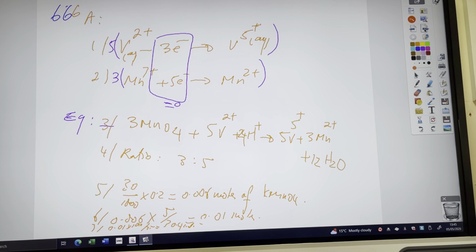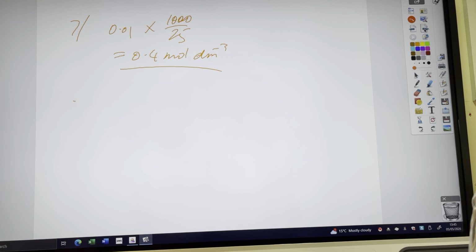And therefore the solution, ultimately, it is what it is. 0.4 mole per decimeter cube, because what I wrote on the previous page wasn't very clear. So you got 0.01 mole in 25 milliliters, so how much would you have in 1000? Don't forget, concentration is moles per decimeter cube, not moles per 25 cubic centimeter. So you have to ratio it up.